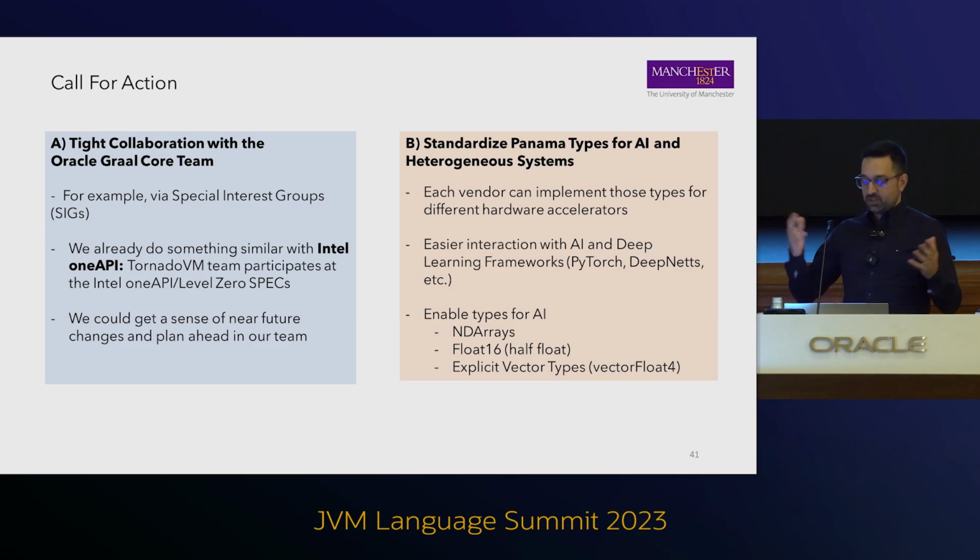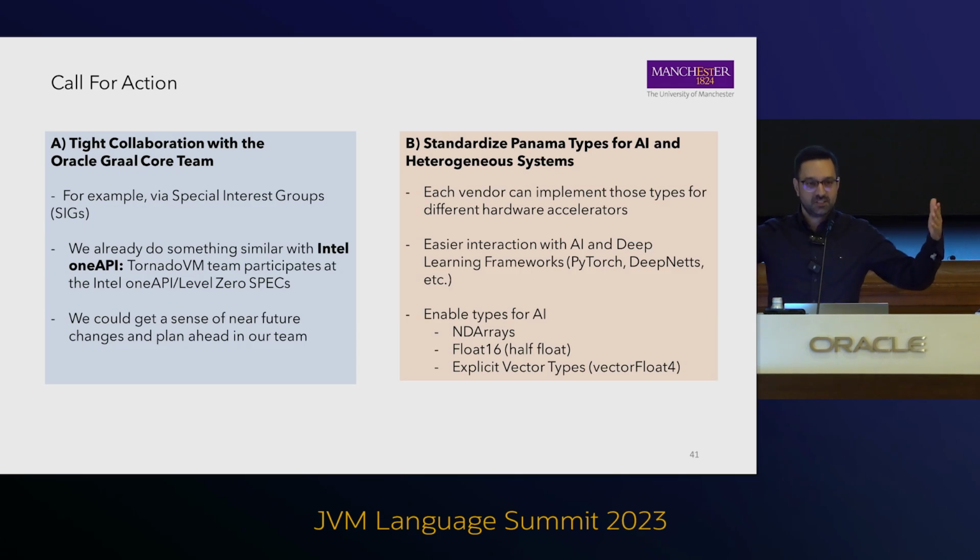For example, if you have an ND array, which is kind of, if you like, a generic tensor representation for AI, then Tornado could, for example, share memory on that ND array. Another vendor could do different things. And I believe, again, this is not just useful for Tornado, but other frameworks, DeepNetts, for example, which is pure Java for AI, and so on, will benefit from this.